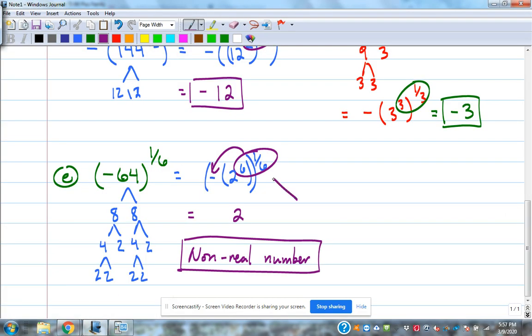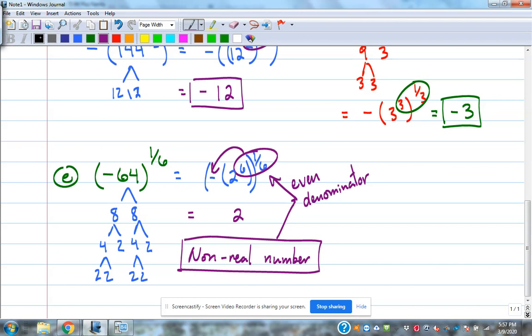And the reason for that is the even denominator. Any time you got a negative inside of something and you got it raised to a fraction exponent or rational exponent with an even denominator, that's when you're going to have that non-real number.